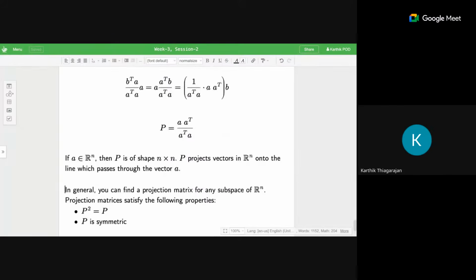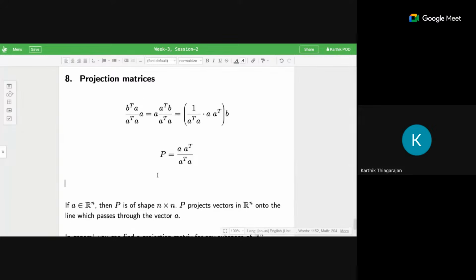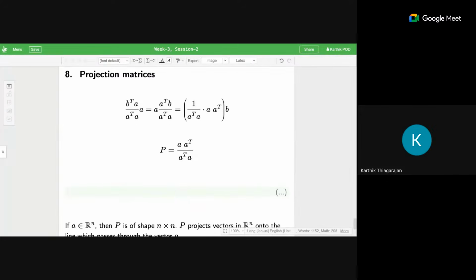I don't have time to discuss this today, but maybe we can see this for P here, for a projection matrix that projects onto a line. So what is P squared? You get A transpose, once again A transpose.